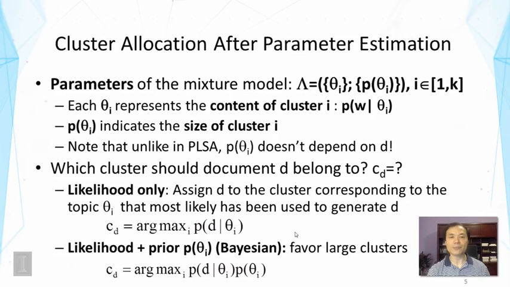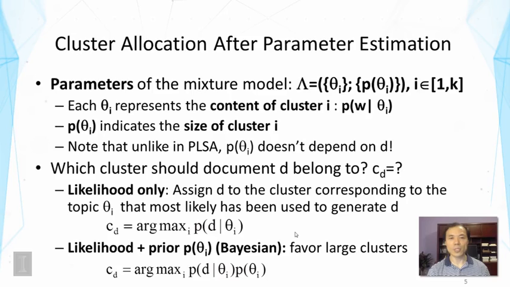So now let's look at the key problem of assigning documents to clusters, or assigning clusters to documents. That's to compute the C sub D here. And this will take one of the values in the range of 1 to K to indicate which cluster should be assigned to D. Now, first you might think about a way to use likelihood only, and that is to assign D to the cluster corresponding to the topic theta i that most likely has been used to generate D. That means we're going to choose one of those distributions that gives D the highest probability.